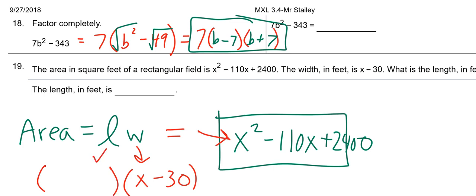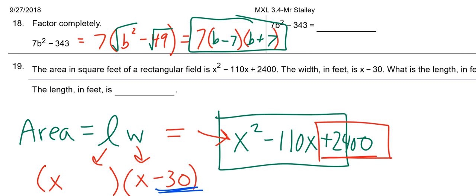Well, folks, this is actually easier than the previous questions because instead of making me factor it all by myself, they've actually given me one of the factors. So how do I do this? Well, think about this. What two things multiply together to give me 2,400 if one of them is negative 30?